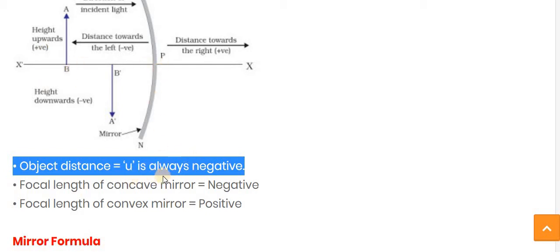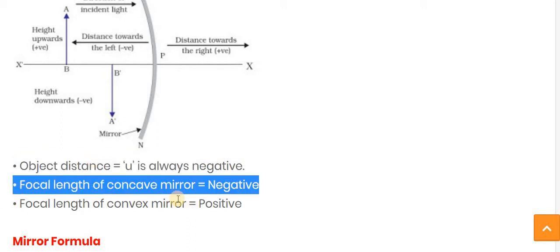That is U. It's always negative. If we are talking about the focal length of a concave mirror, focal length means the distance between the pole and the focus. In the concave mirror, the focal length is over here. So also we have to take it as negative.